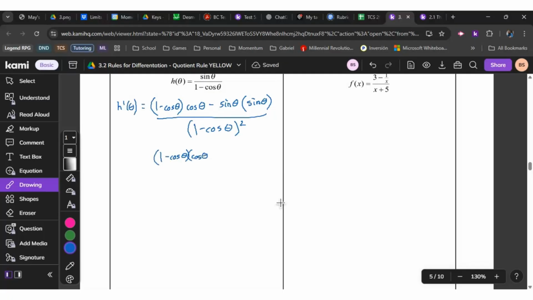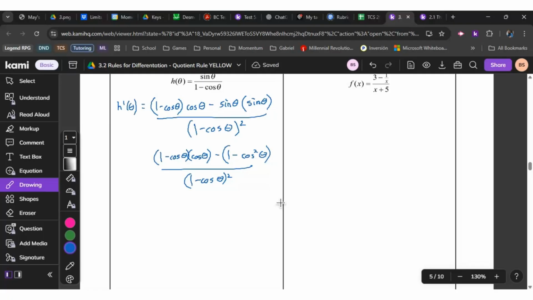So sine squared theta, right? That would be this. Do you guys agree this would be sine squared theta? And you would also know then that sine squared theta is the same as 1 minus cosine squared theta. That is just sine squared plus cos squared equals 1.